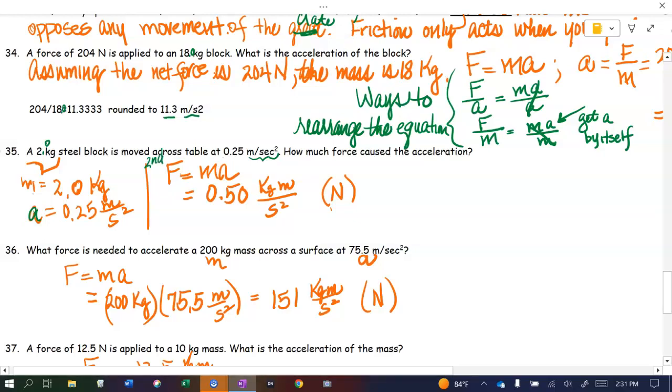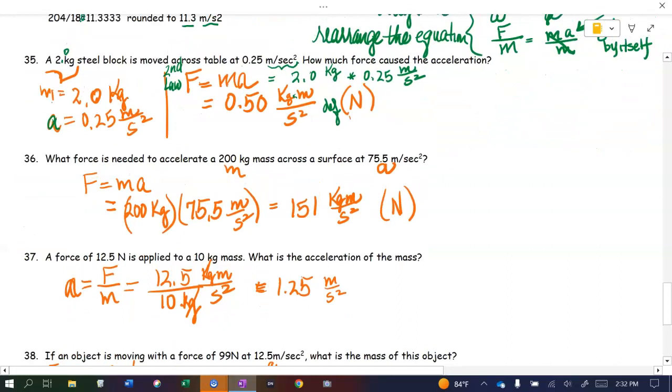By the second law in its regular old form, I just multiply 2.0 kilograms times 0.25 meters per second squared, and that gives me 0.50 kilograms times meters divided by second squared, and that's the definition of a Newton.